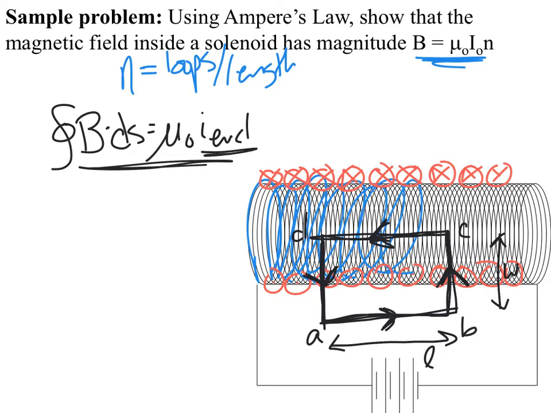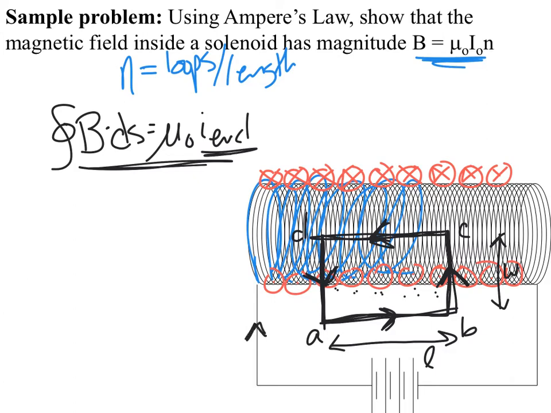Now, current enclosed is not so bad. I can actually just count how many wires there are, okay? Because if I have each of these wires piercing through that Amperian loop, then the amount of current I have enclosed is going to be a multiple of the current carried in a single one of these wires.